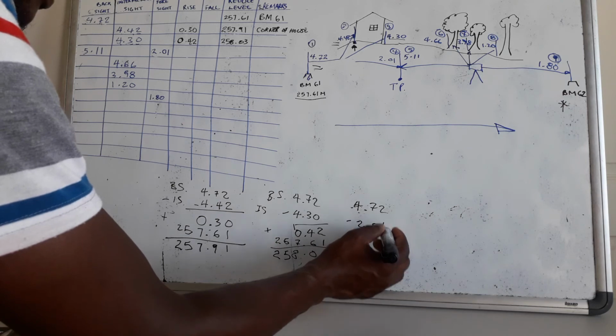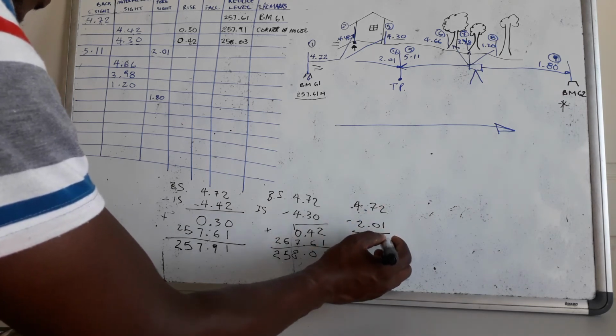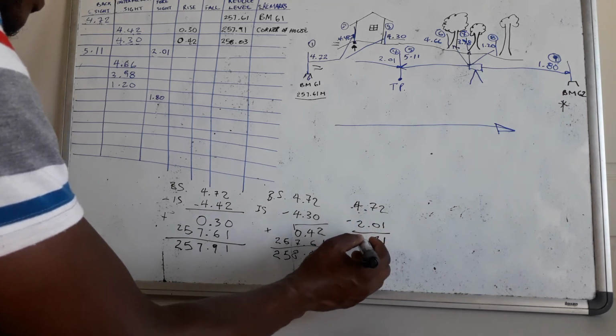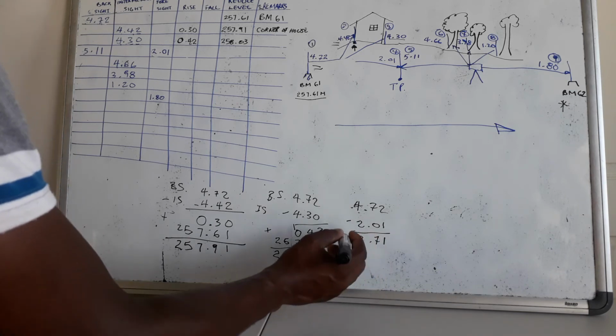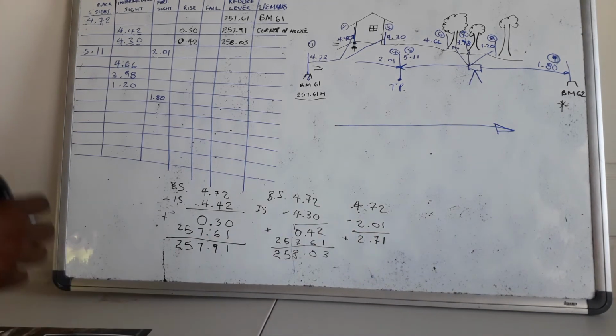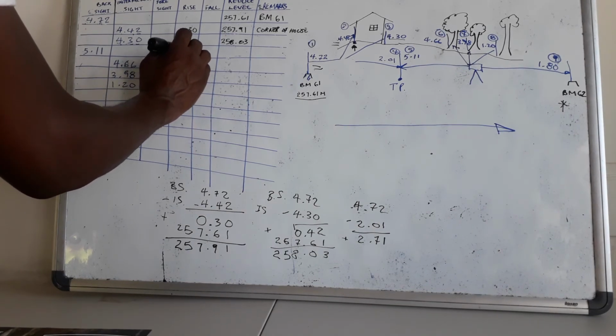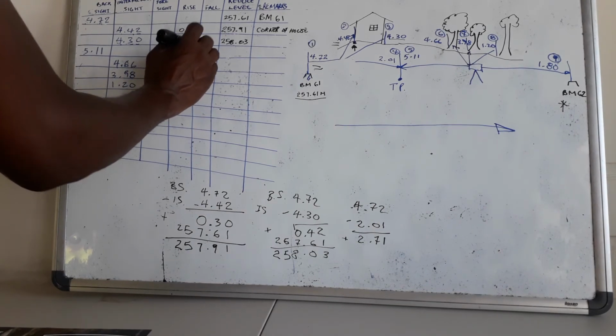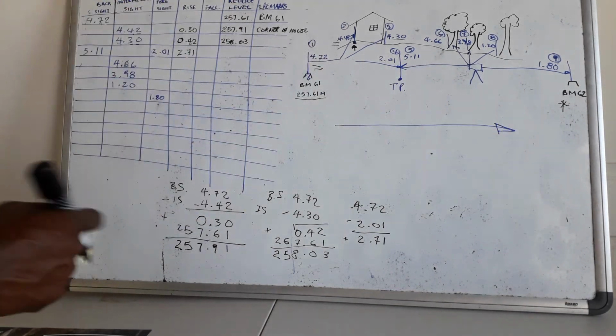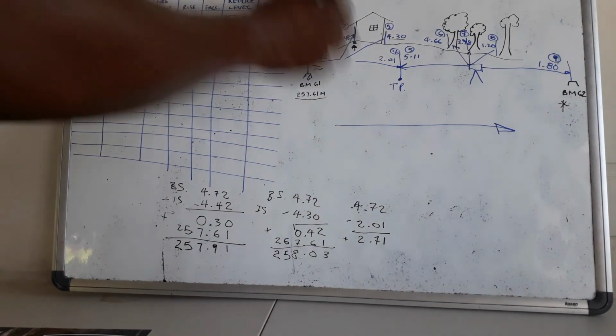So it would have been 2.71. All right, so this is also a positive. So we have a rise of 2.71 as we go up our leveling circuit.